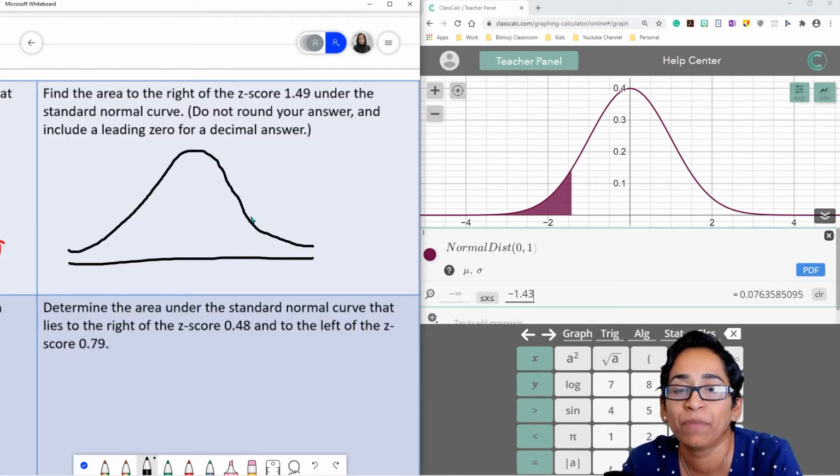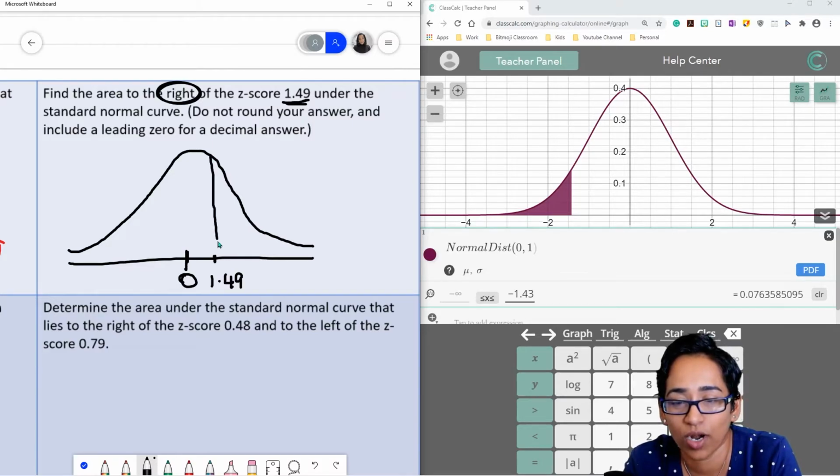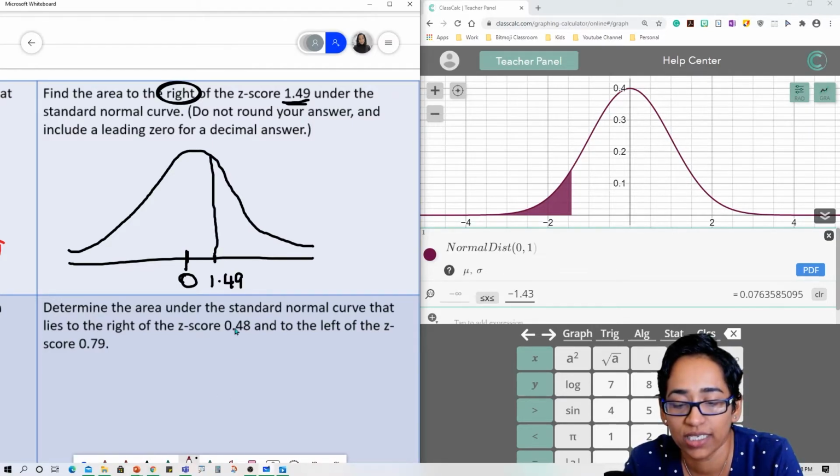So my z-score is positive. I always start with 0, so I know which way is positive and which way is negative. Positive is to the right, right? 1.49. And they want area to the right. So I'm going to go ahead and graph the area to the right.